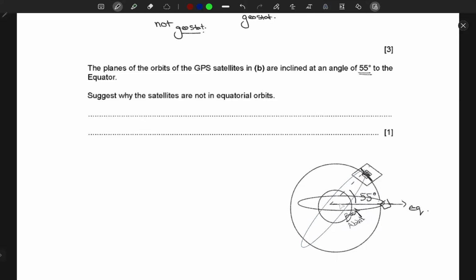Think in terms of what's happening. What is the purpose of this satellite really? The satellite is providing information about the Earth, right? So if the satellite orbited in this way, what information would it be lacking? Imagine that you're sitting in the satellite and observing the Earth, but you're orbiting in the equatorial orbit.